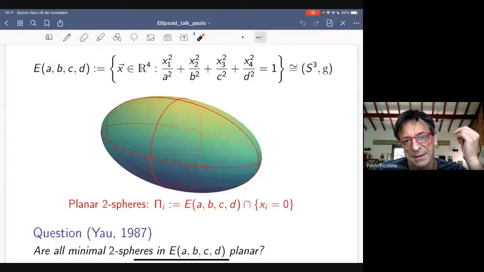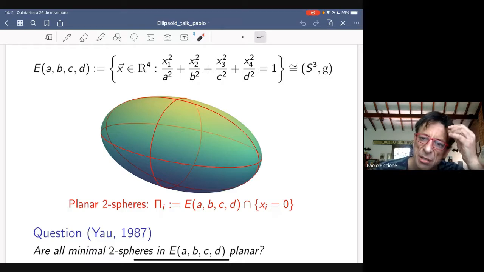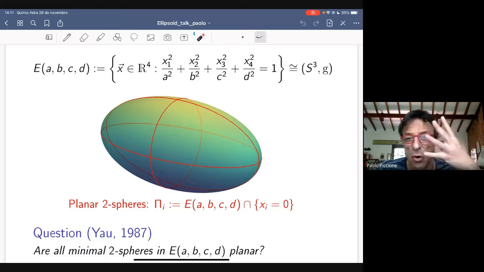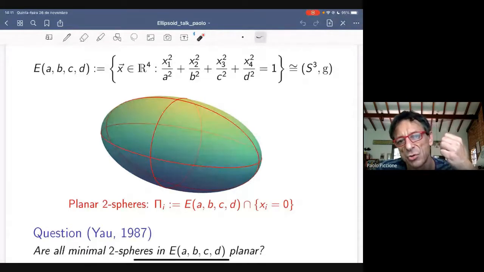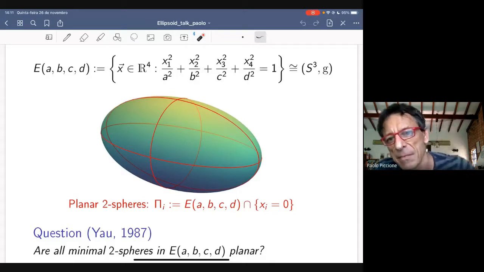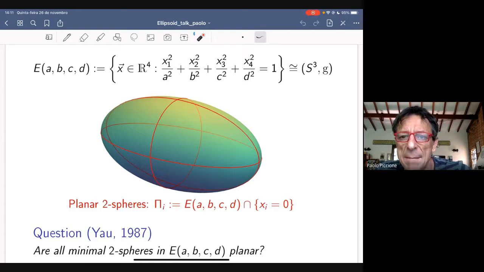You should expect that generically, inside a 3-dimensional sphere, you would find 4 non-trivial minimal 2 spheres. There's a topological argument for this, which is the set of all embeddings of a 2-dimensional sphere inside a 3-dimensional sphere has the homotopy type of a projective space, in fact, of RP5.